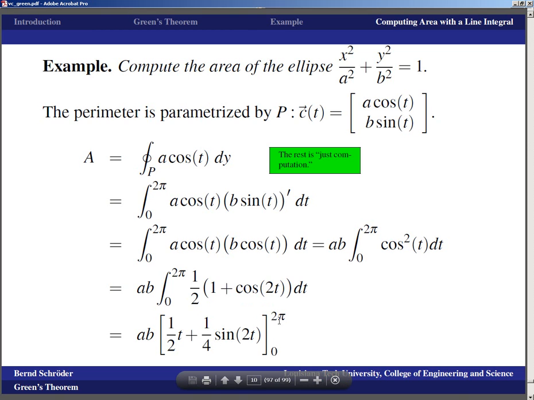It turns out that that ultimately doesn't matter, because now if you plug in 2 pi, you get 2 pi times 1/2, which is pi, plus 1/4 sine 4 pi, which is 0, minus 1/2 times 0, minus 1/4 times sine 0, which are all 0. So you end up with ab times pi, which is indeed the area of an ellipse.